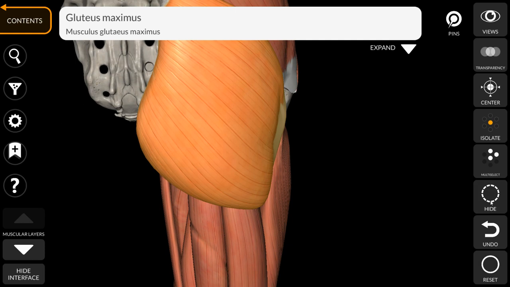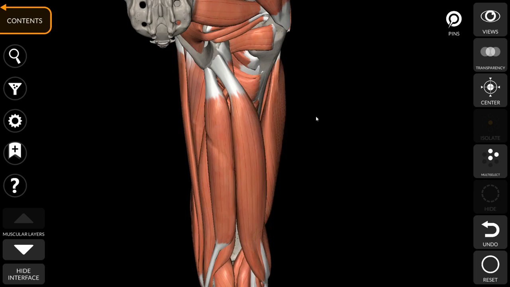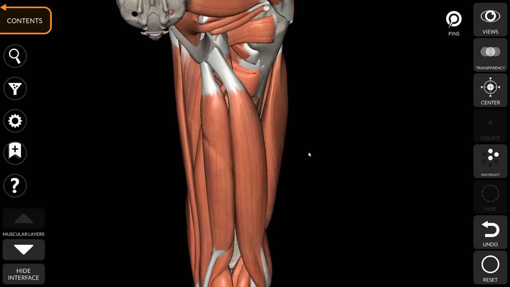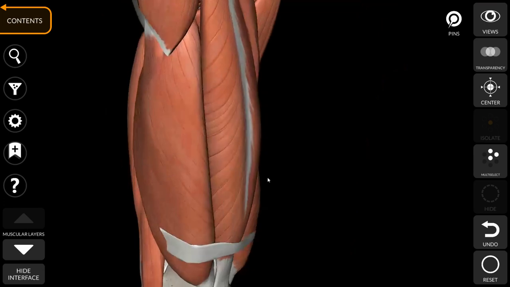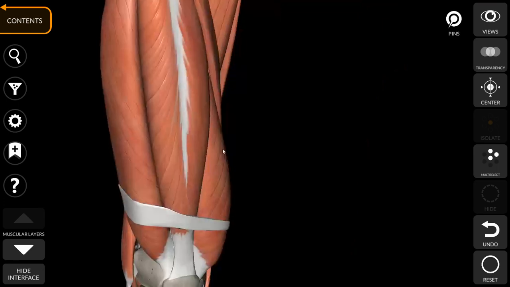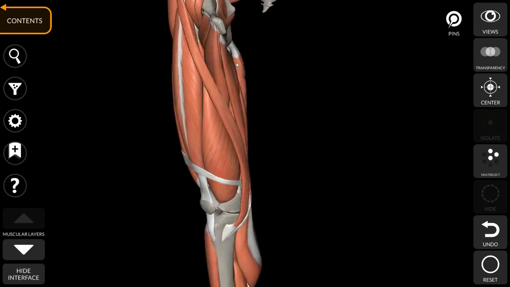Now we go to the accessory muscles, which help the gluteus maximus perform hip extension. Now we talk about the posterior compartment of the thigh. I already explained that the thigh is divided by the fascia lata into three compartments. The most anterior compartment is the flexor muscles. Here is the middle compartment, all these muscles we call the adductor group.